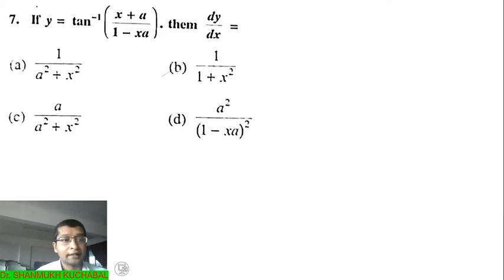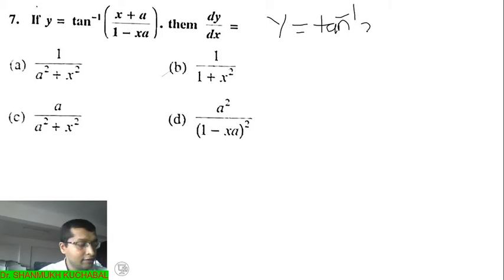Next, we will move to example number 7. It is given that y equal to tan inverse of (x plus a) divided by (1 minus xa). It is in the standard form, that is y equal to tan inverse of (a plus b) divided by (1 minus ab), which is tan inverse a plus tan inverse b, here tan inverse x plus tan inverse a.